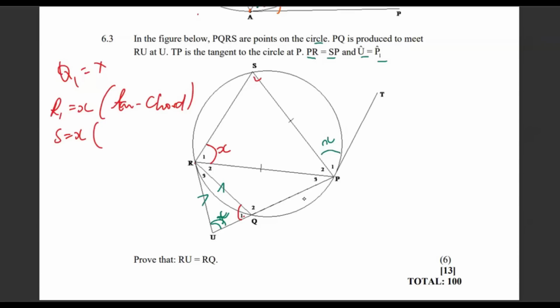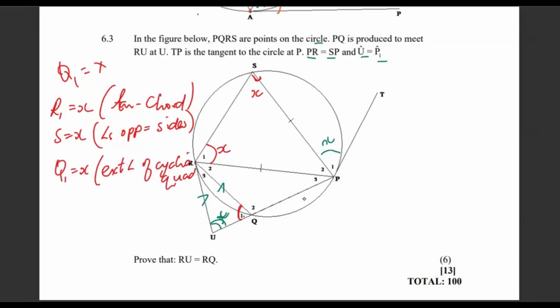It's an isosceles triangle. So we're going to say angles opposite equal sides. Okay, if that is true, we know that this is a cyclic quadrilateral. Then you can tell us that Q1 is going to be X, being the exterior angle of a cyclic quadrilateral.